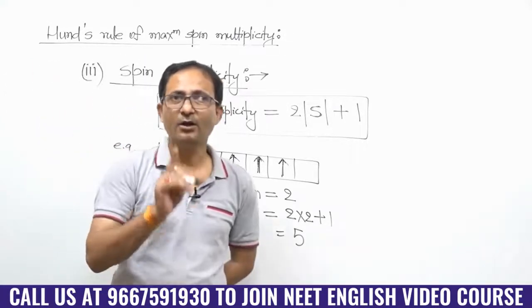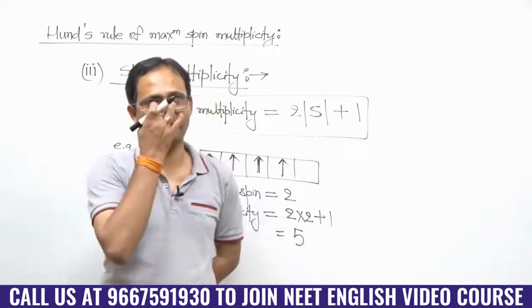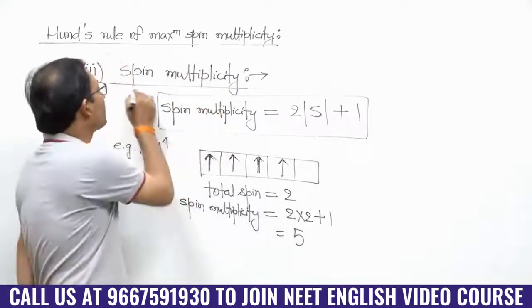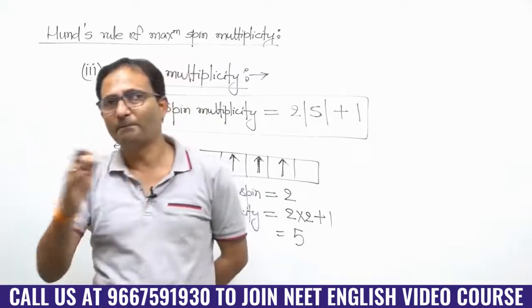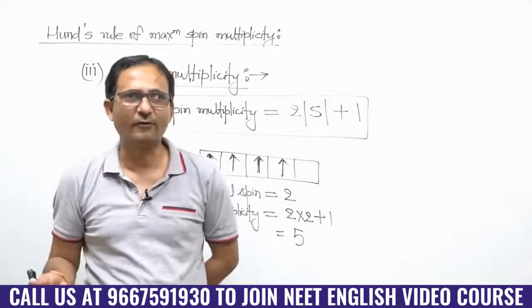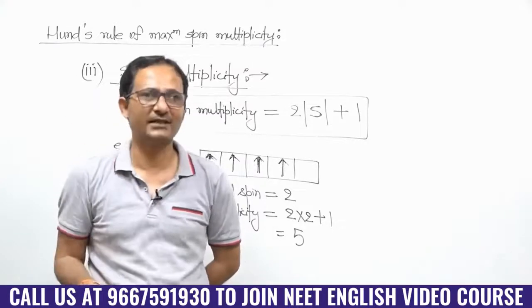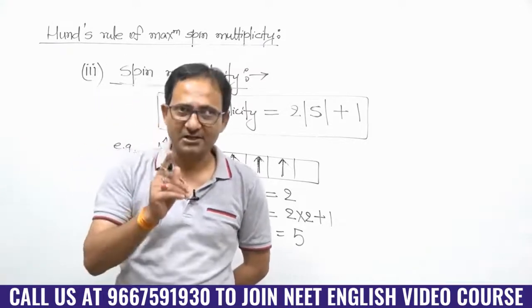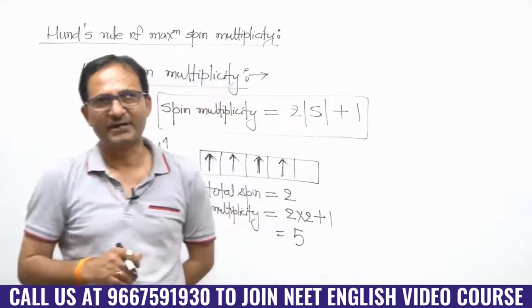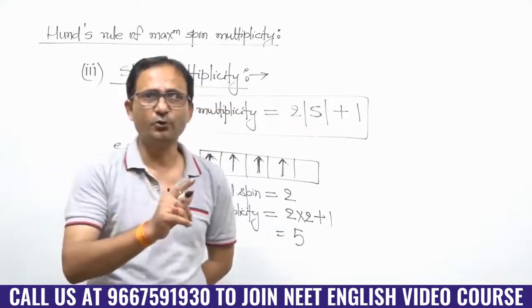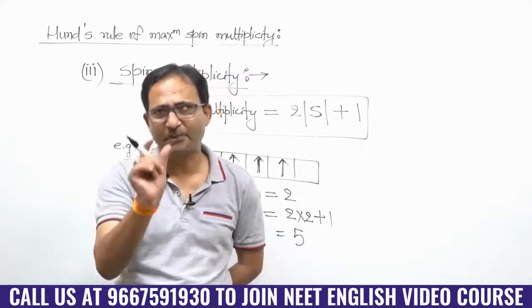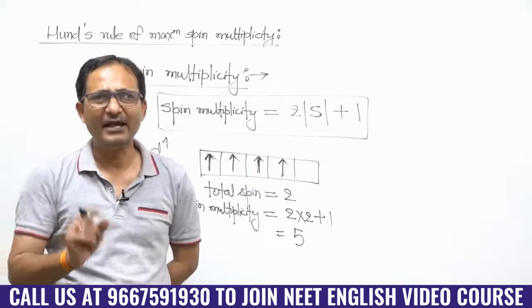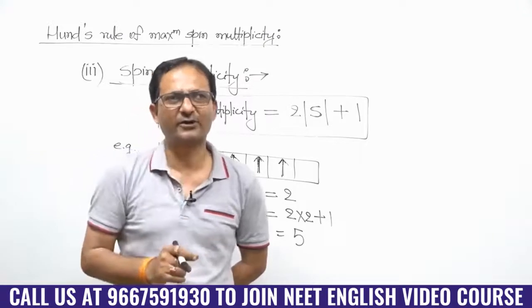But remember one thing, don't use the concept of spin multiplicity to compare the stability of two different subshells, right? This concept of spin multiplicity is used in case of a particular subshell having a fixed number of electrons.